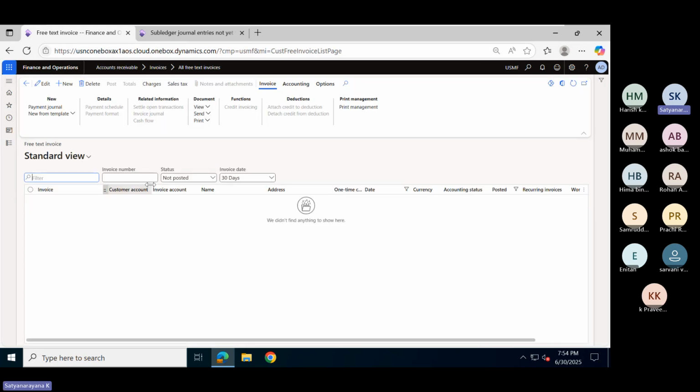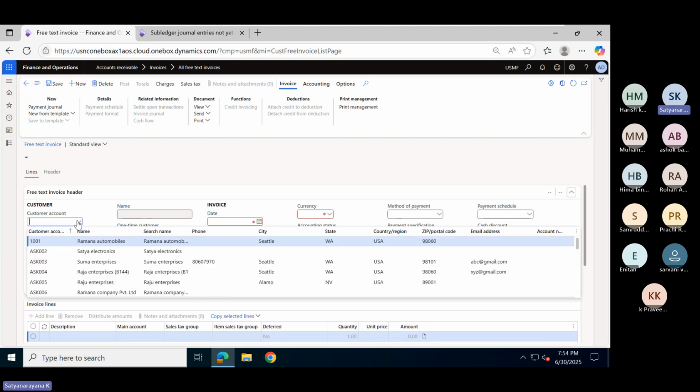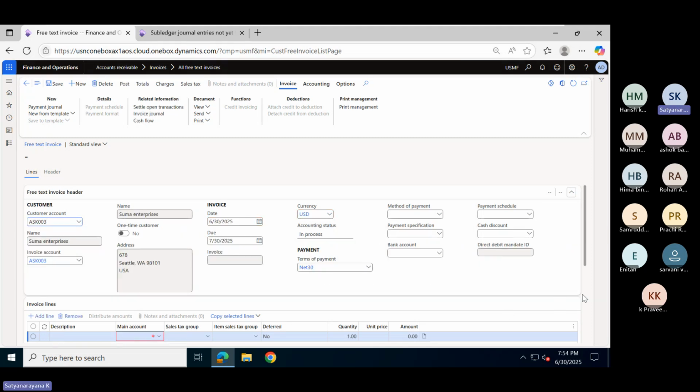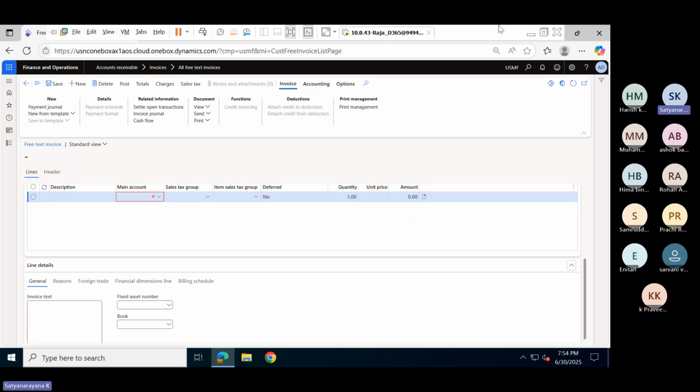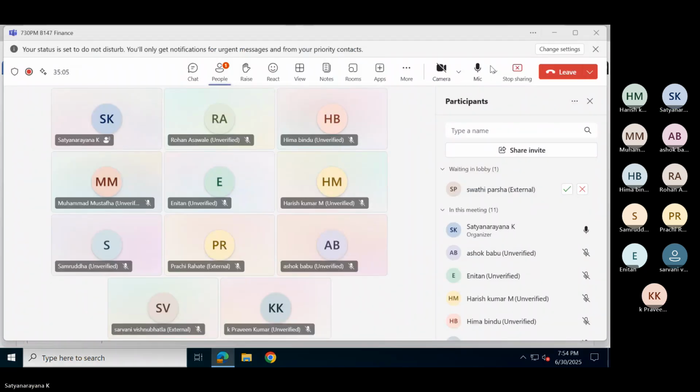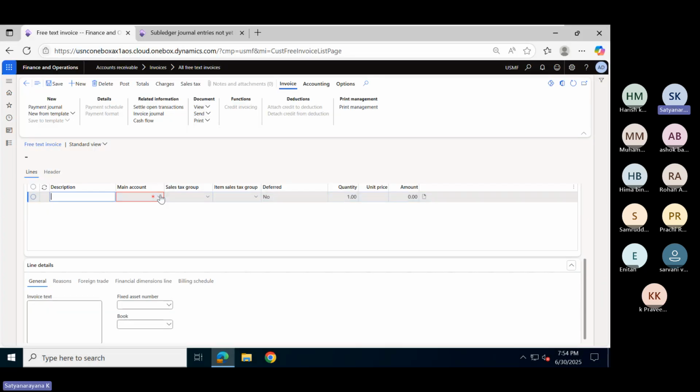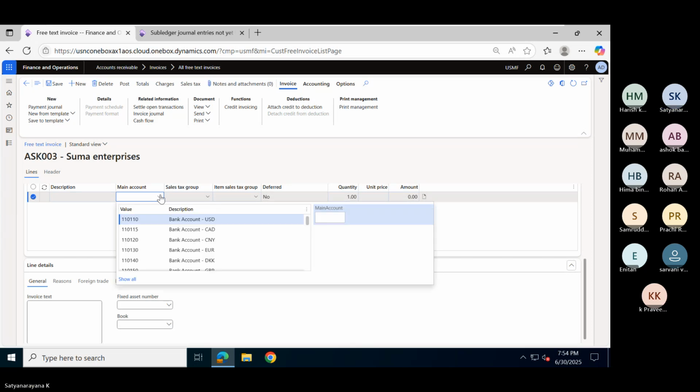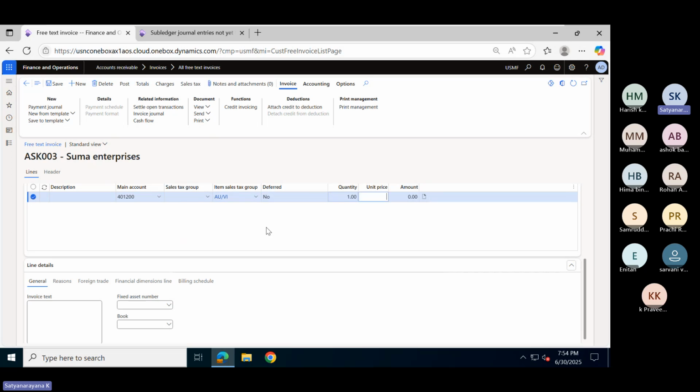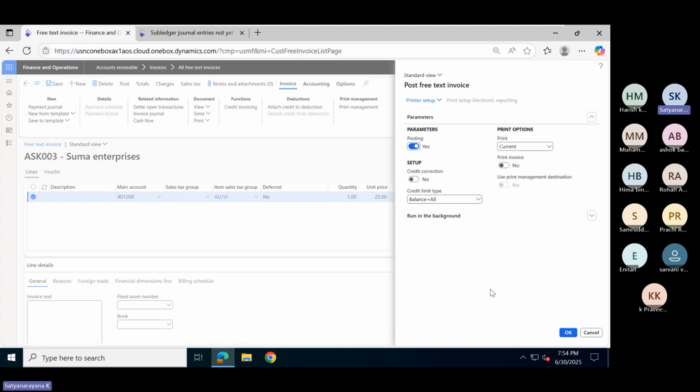Click on new, select the customer, select the revenue account. This is the revenue account. Now suppose I am entering $25. Click on post.